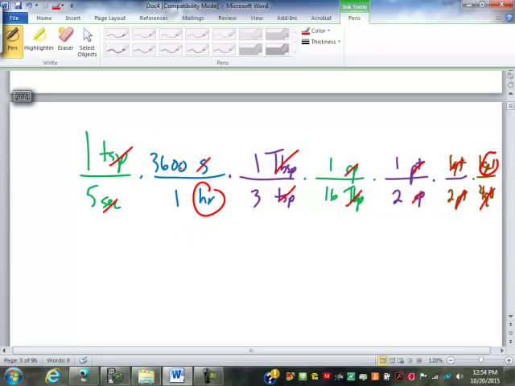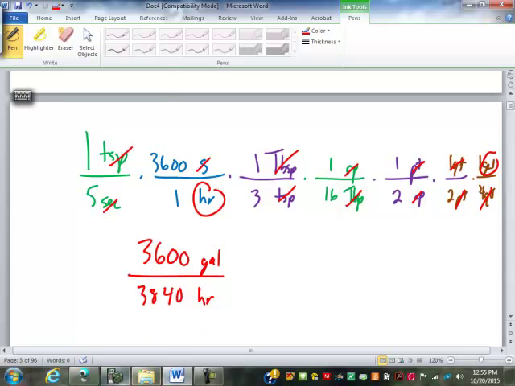So we have 1 times 3,600 times 1 times 1, so it's just 3,600 on top. On bottom, 5 times 1 times 3 times 16 times 1, well, what is that? 15, 240, 480, 960, 3840. Is that correct?